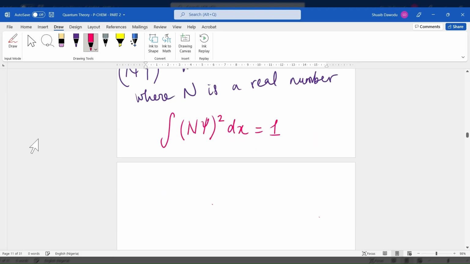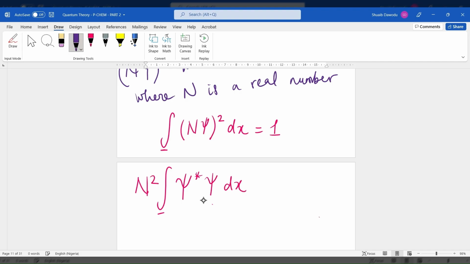In your Physical Chemistry 11th edition textbook, you can end up seeing it as N squared, and then you have the integration symbol. This is basically reminding you of calculus, especially Calculus 2. You can bring out the N squared, times the wave function star times the other wave function, dx.